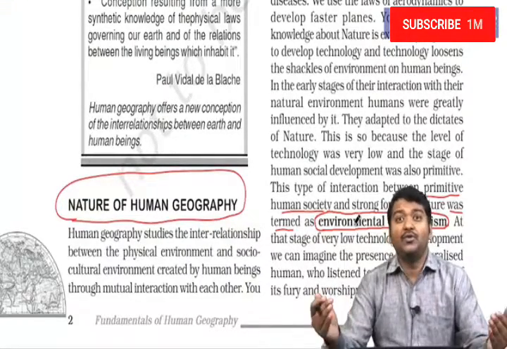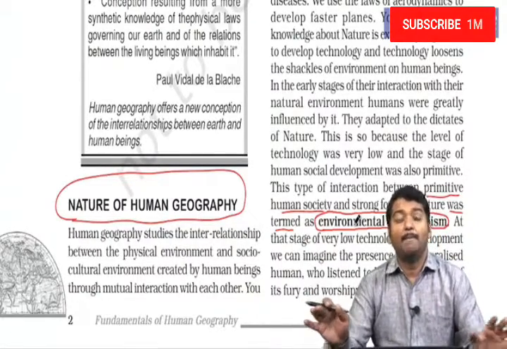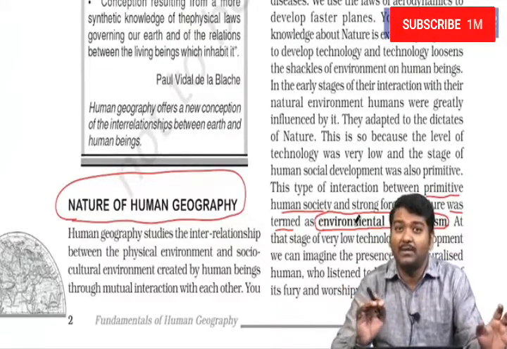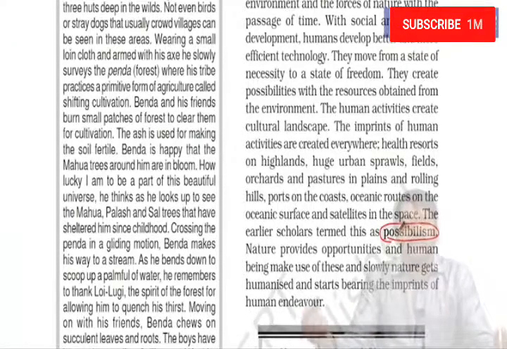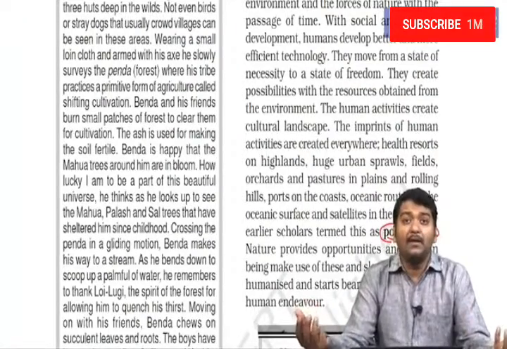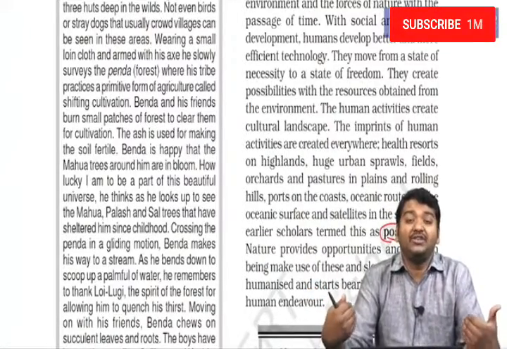So whatever you do, nature at the end of the day will try to balance everything, is the philosophy behind environmental determinism. But when it comes to possibilism, we say that there are enough possibilities that can happen and the man can choose which possibility he wants to happen in the society. That is, if I do a particular act, there can be multiple results. So it all depends upon me, how exactly I choose.